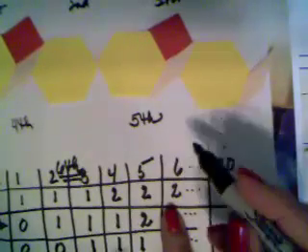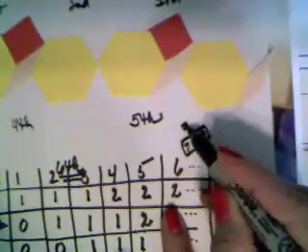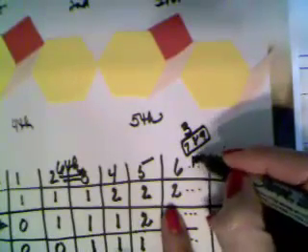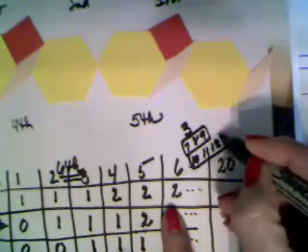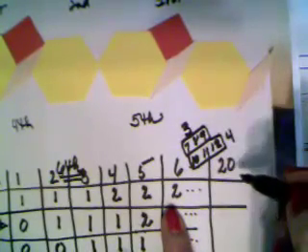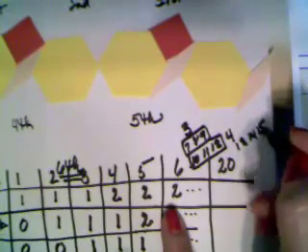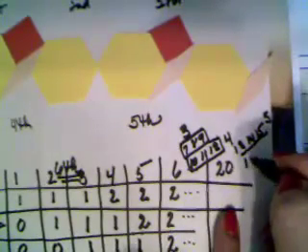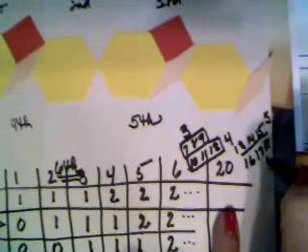Well, 7, 8, and 9, I'm predicting would have 3 hexagons. 10, 11, and 12, I'm predicting would have 4. 13, 14, and 15 would have 5. 16, 17, and 18 would have 6.